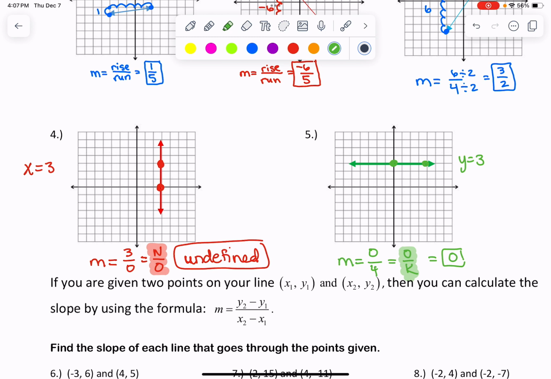Our first examples all gave us a picture of something graphed. But we're not always going to be able to graph our lines, or want to. They might just tell us, here are 2 points on your line, find the slope.